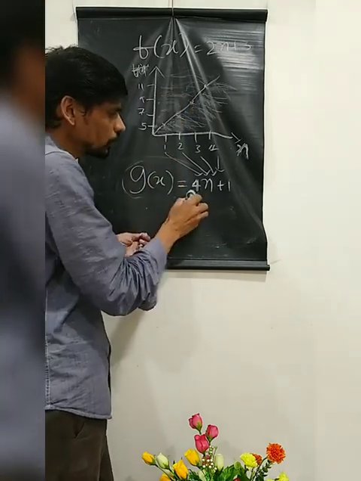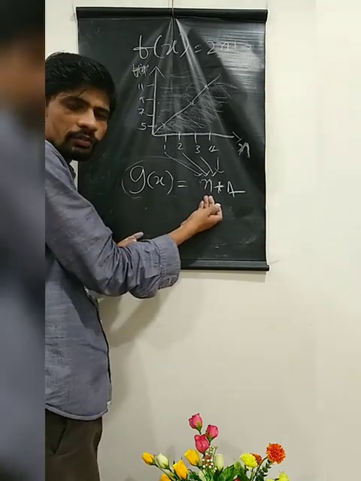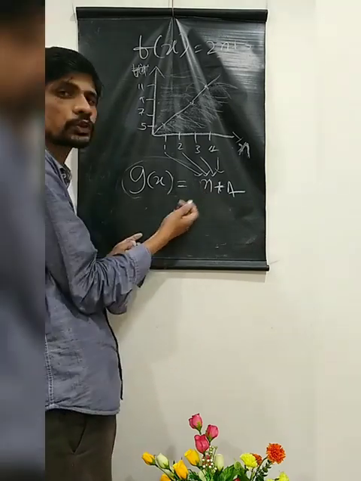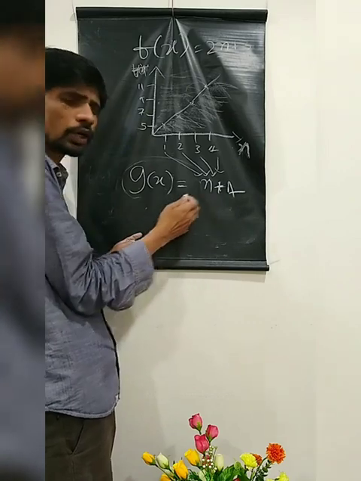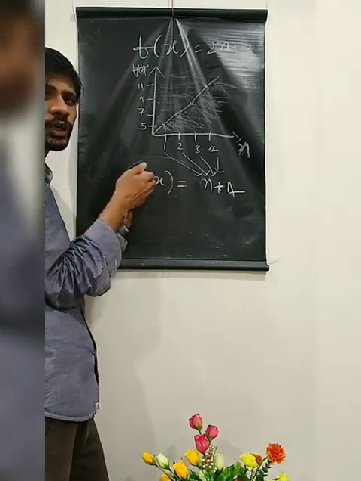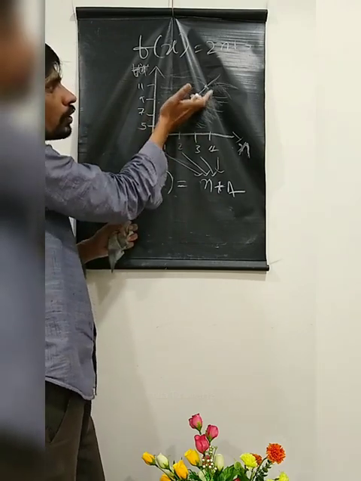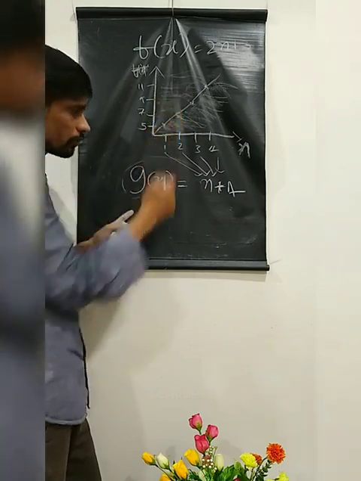So let's imagine I randomly pick another function, g of x equals n plus 4. Let's see whether this will be sufficient to find a lower bound for f of x or not.